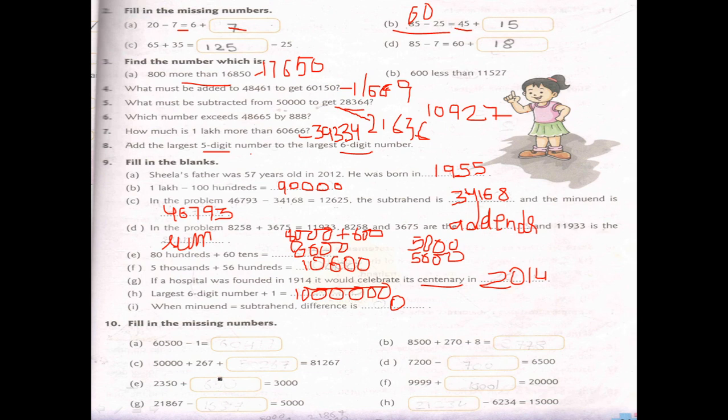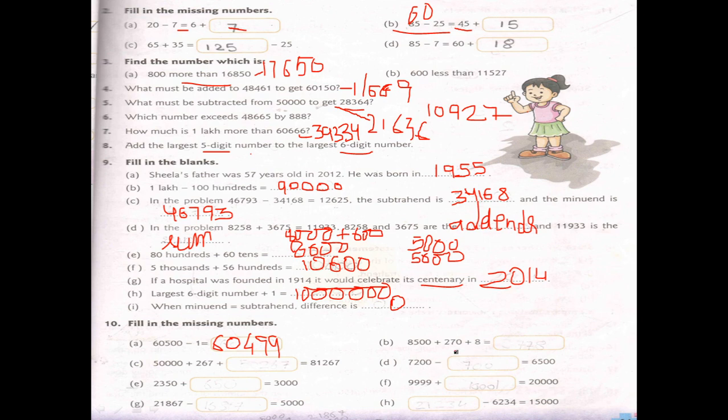In the fill in the blanks, A part. 60,500 minus 1, that one is equal to 60,499. Then the B part. 8,500 plus 270 plus 8.